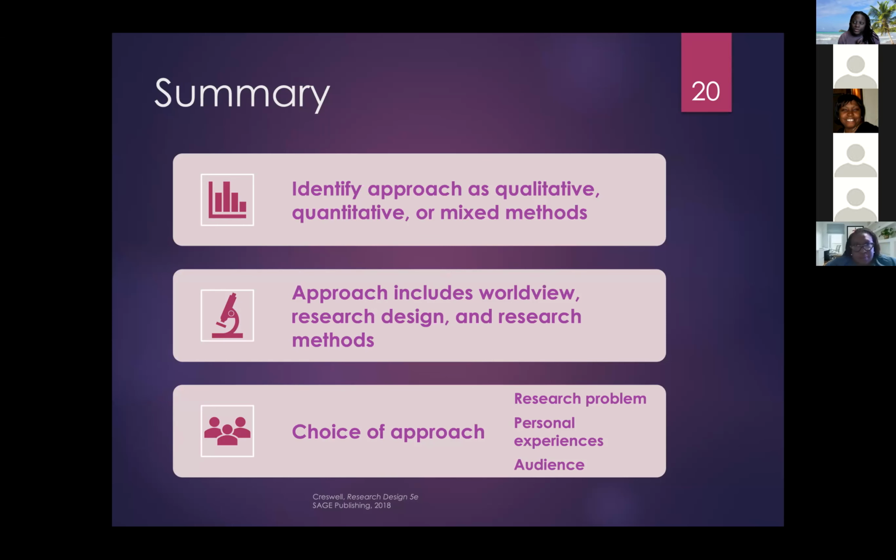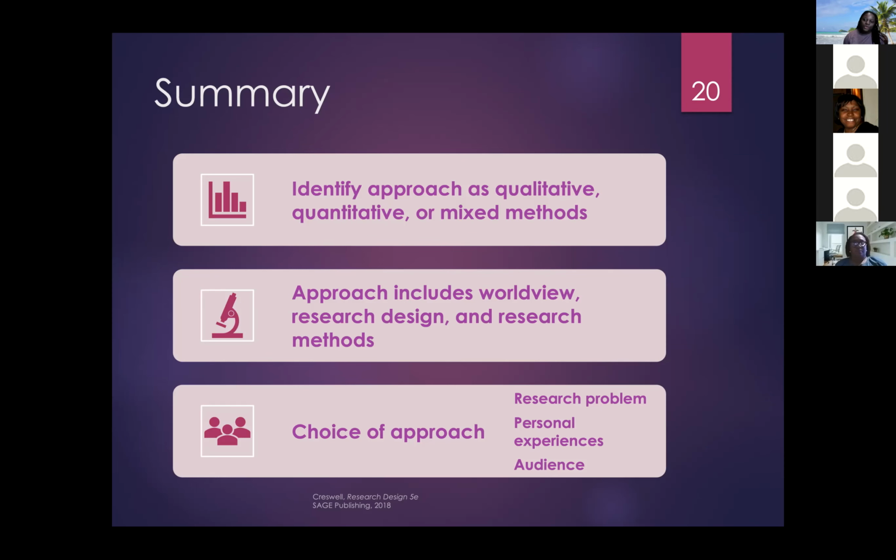We talked about the three different components that comprise our research approach. This includes the philosophical worldview or the research paradigm, as well as the research design or inquiry, and then the research method, which includes data collection, analysis, interpretation, population, sample, settings, all of that.